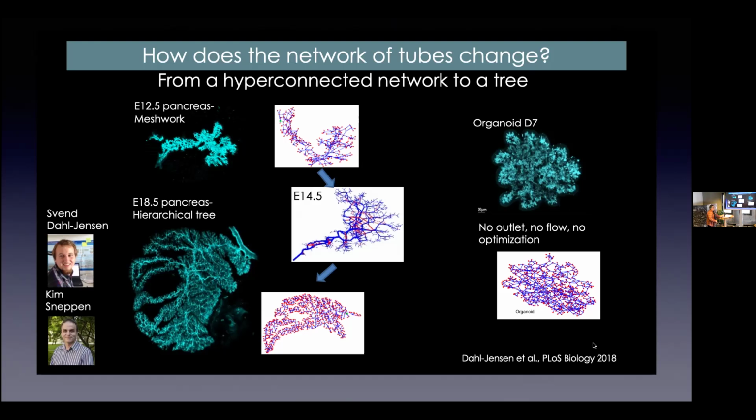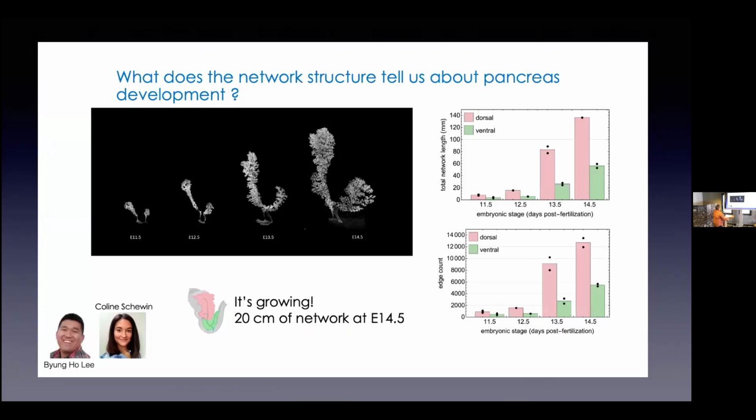Organoids have no coherent flow, right? They have no outlet, whereas the actual organ has an outlet through the duodenum.